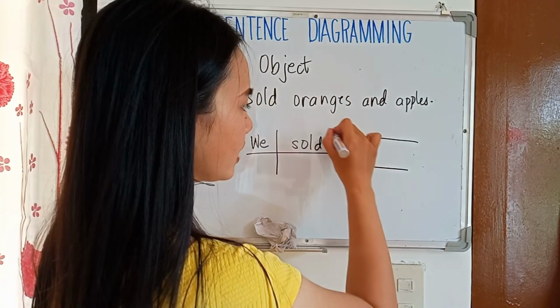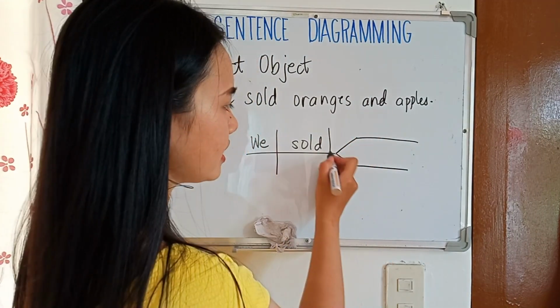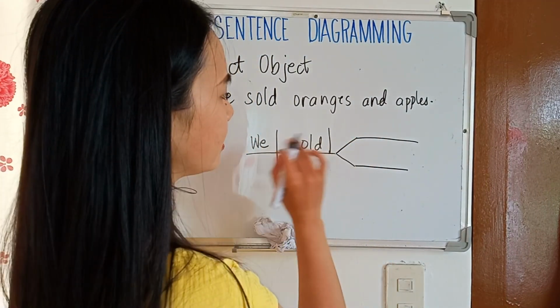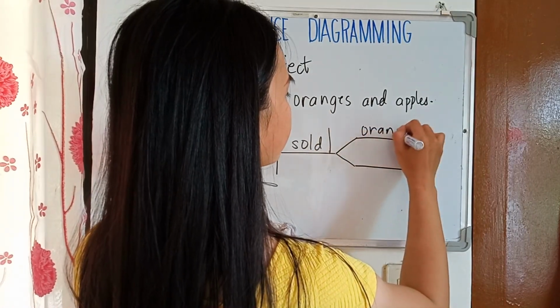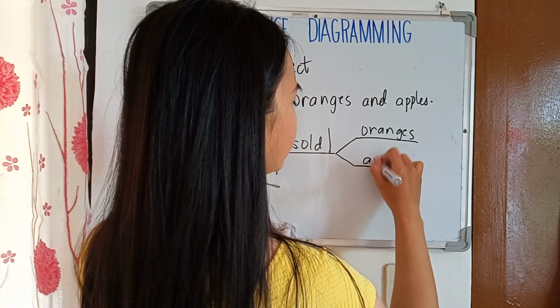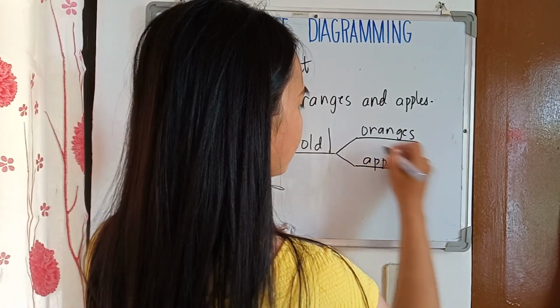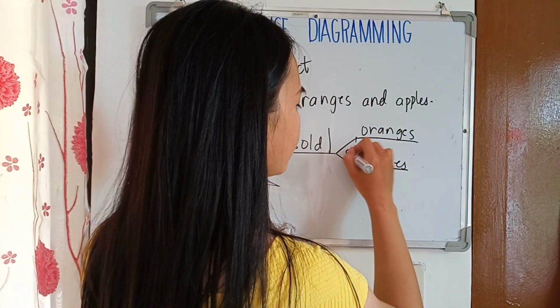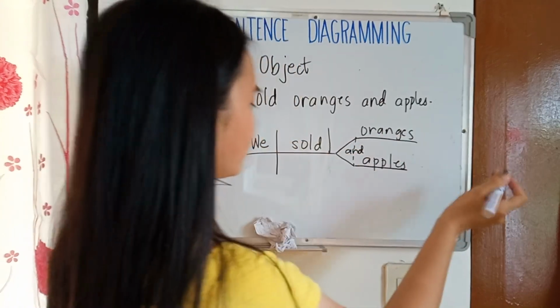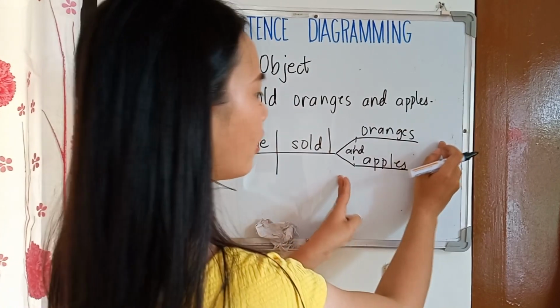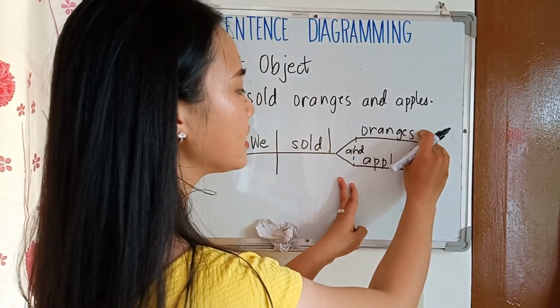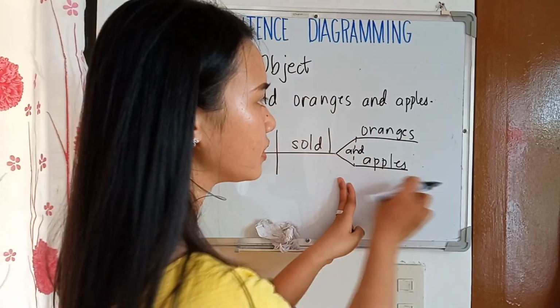But do not forget to put a straight line here to divide the two. We have oranges and apples, then dotted line plus the conjunction that combine the two. We sold, then there's a line here because these are the objects of the verb, oranges, dotted line, and apples.